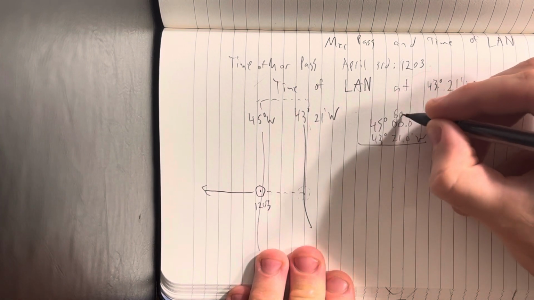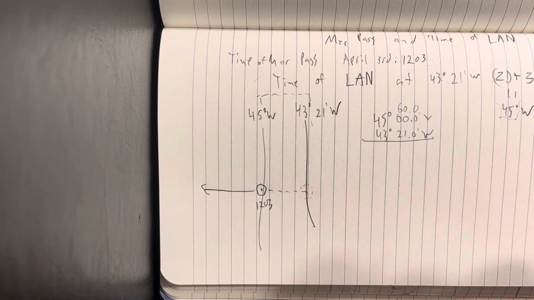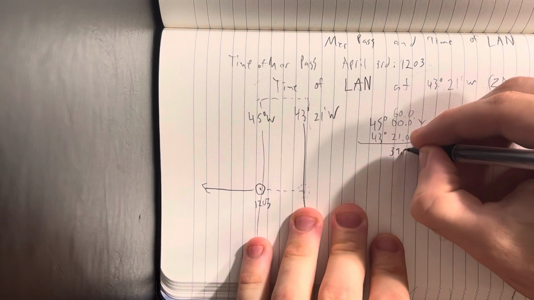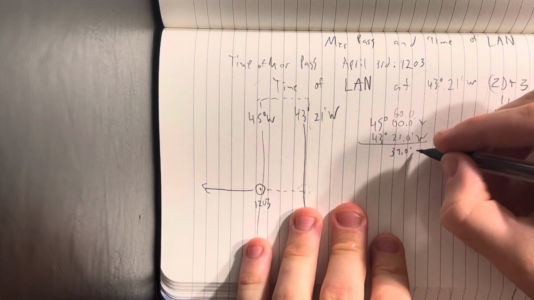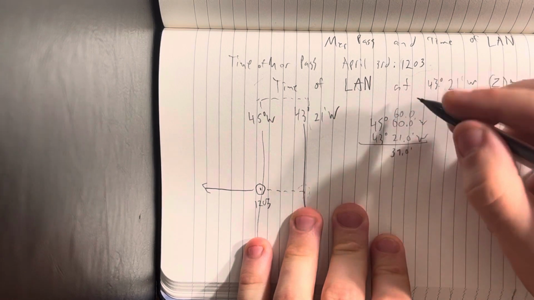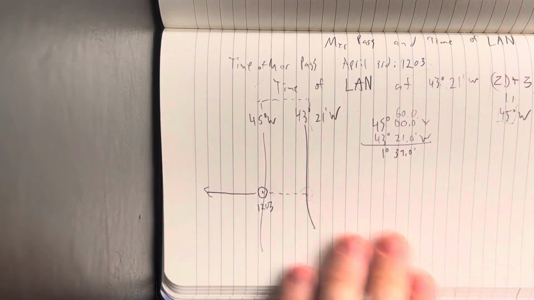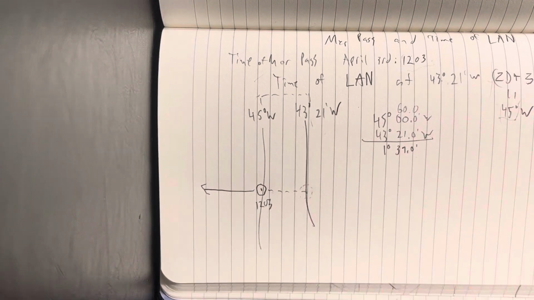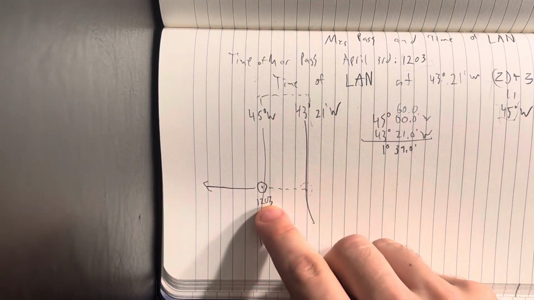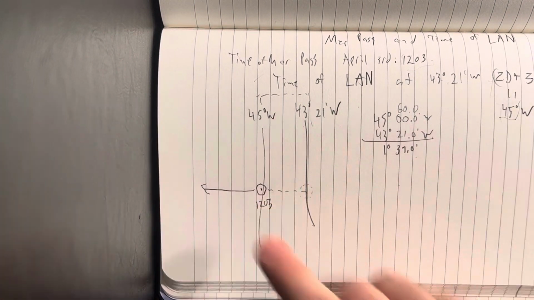We carry the 60 over. So we do 60 minus 21 gets us 39.0 minutes. And then we have 44 now, minus 43 is 1 degree. So we're 1 degree and 39 minutes west, or east, sorry, of our central meridian.